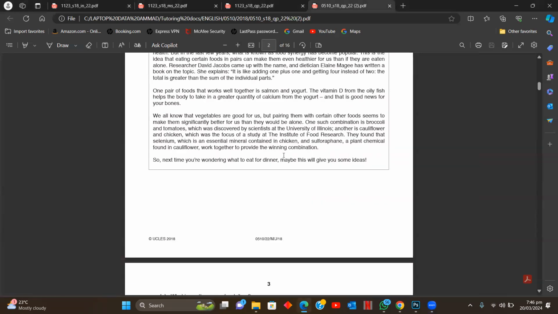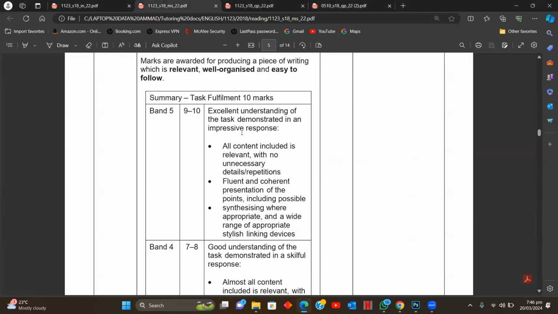Sir, I have a question. What does stylish linking devices mean? Stylish linking, appropriate stylish linking devices means linking devices that follow an appropriate style of the context. For example, if the style of writing is where you're adding information, the linking device has to be appropriate to addition.